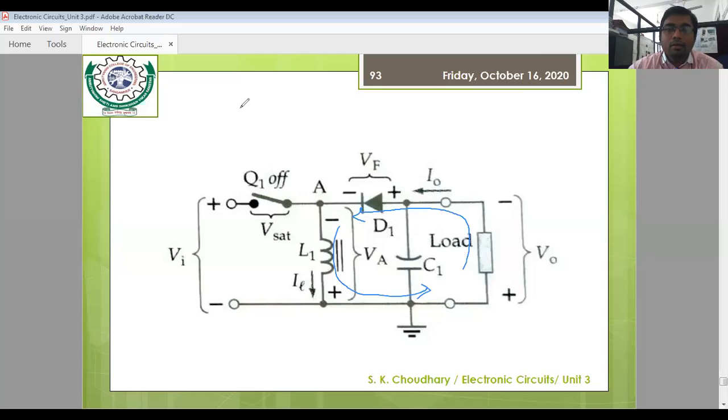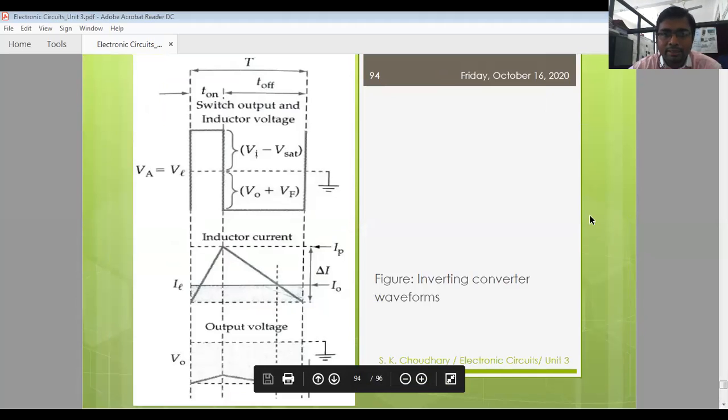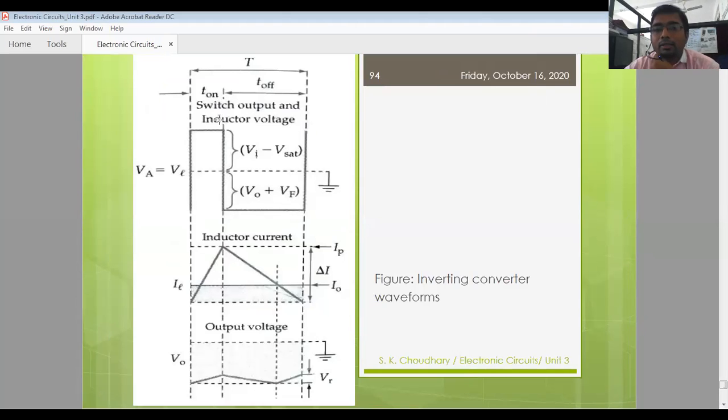Now we have to make clear whatever the discussion here with the help of the waveforms. So waveforms are very important here. In this particular waveform, what is going on? During the two conditions, when Q1 is on, that is the T on time, and when Q1 is off, that is the T off time.